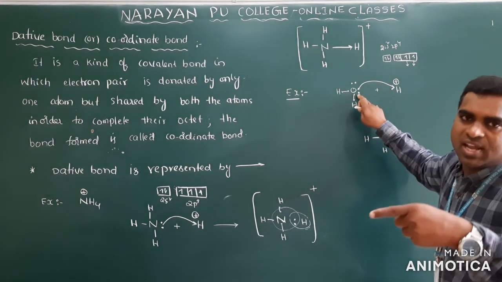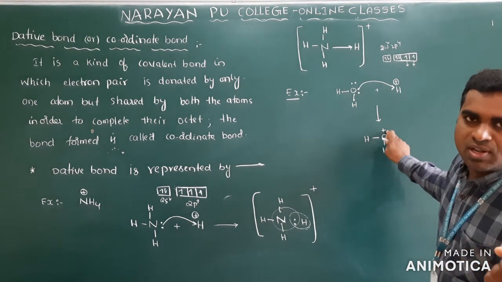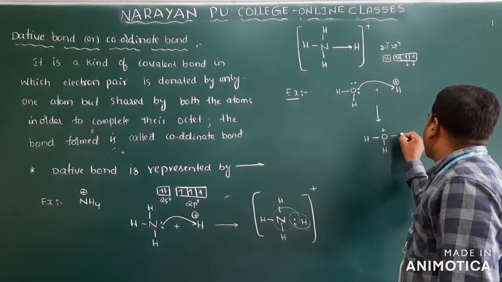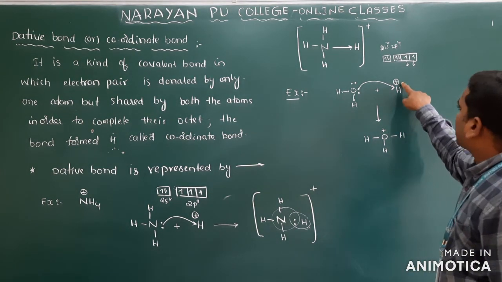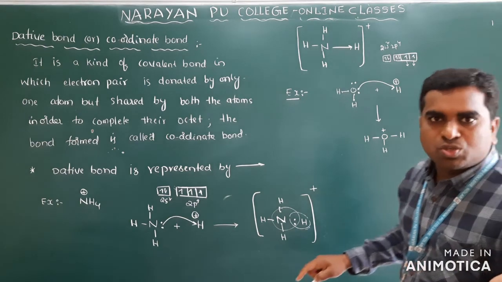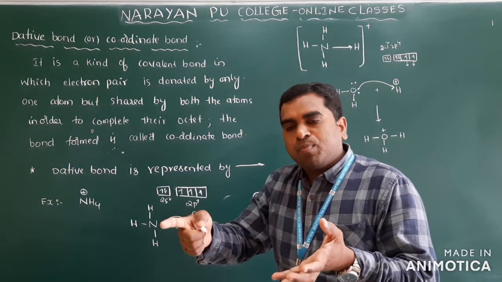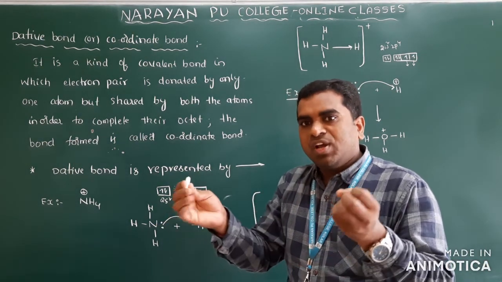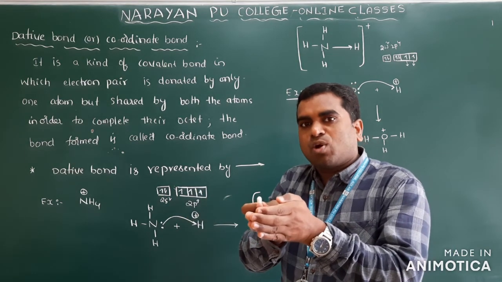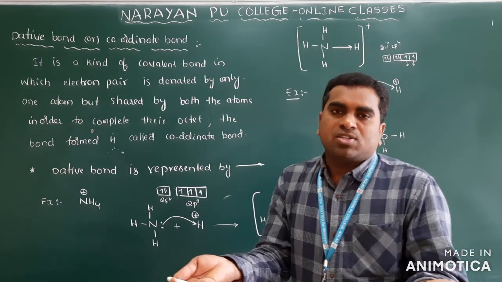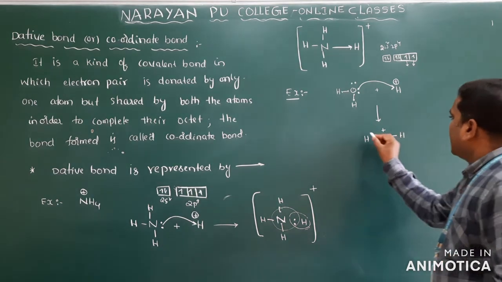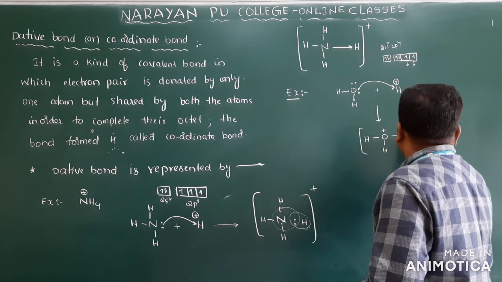Because oxygen is losing electron. Losing electron means which charge will it gain? Positive charge. And here hydrogen is gaining electron. Gaining electron means which charge should it get? Negative charge. But hydrogen already has positive charge. Negative charge and positive charge are present on the same atom, so the charge will be neutralized. So that's why you will get this compound.